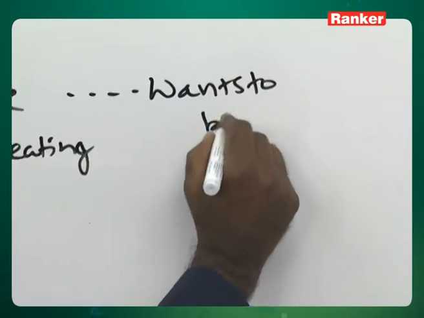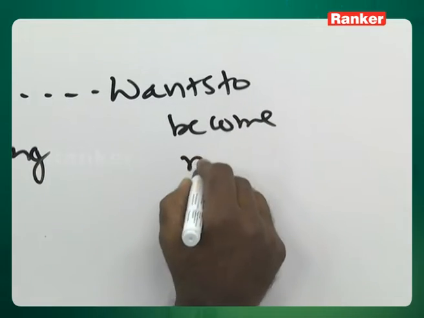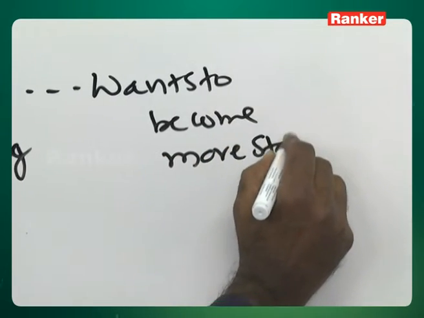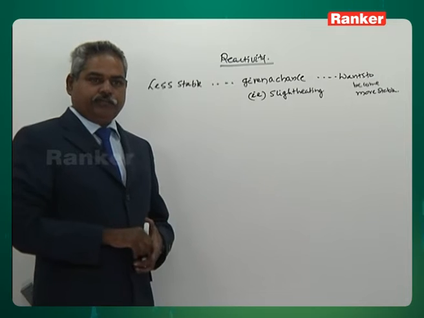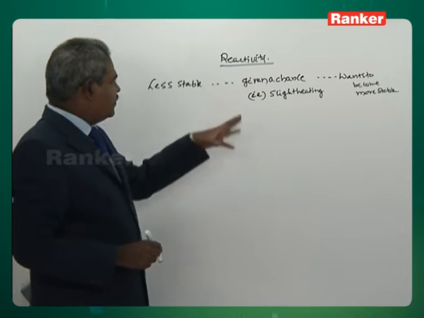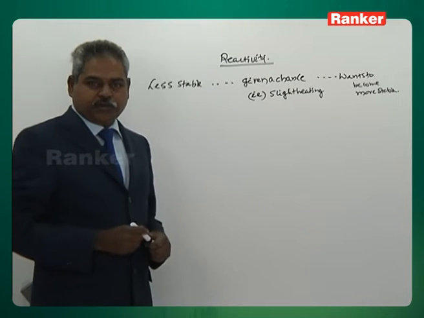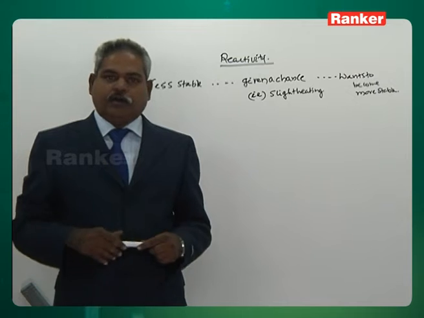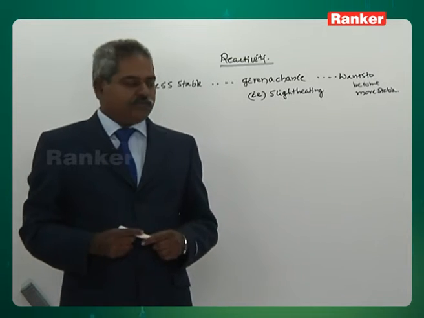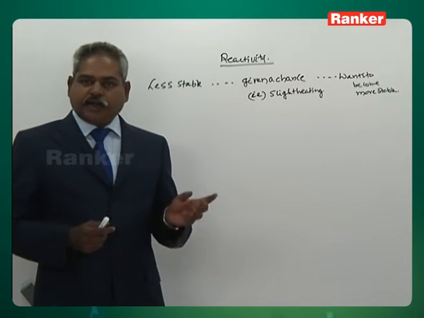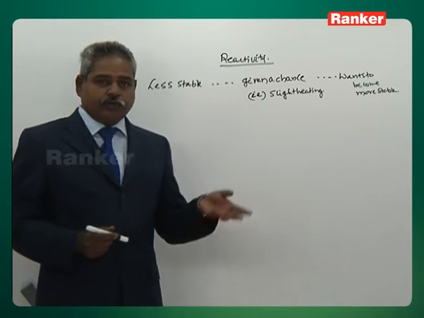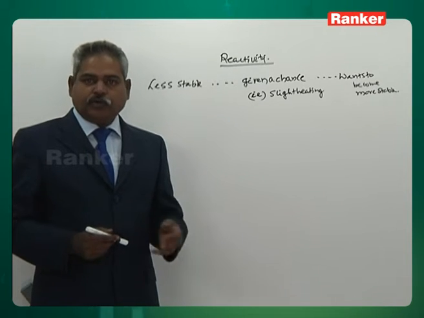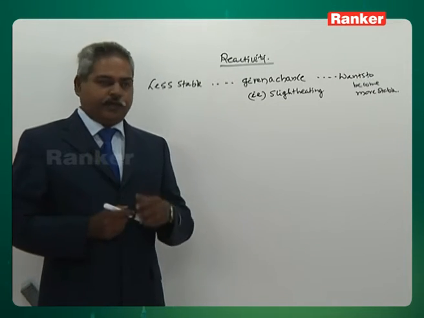Less stable, given a chance, wants to become more stable. So this is the basic idea of all reactions. Anything happens for betterment only. If somebody does something, he definitely does that for his betterment. So atoms and molecules, ions, they also behave in that direction only.